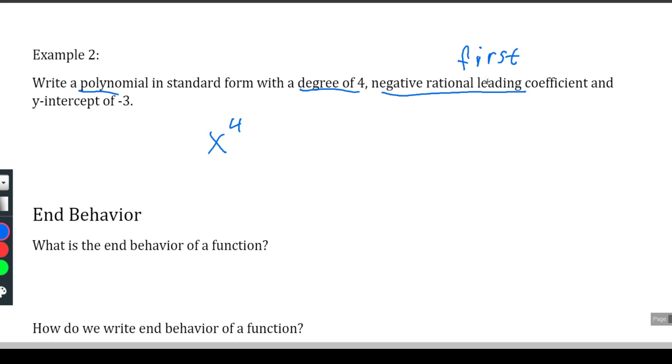We need a negative leading coefficient, so let's just say minus 2. And we need a y-intercept of minus 3, so our last term is going to be minus 3, because the y-intercept is where x equals 0, and when x equals 0, all of our other terms go to 0 except for our last term, because there's no x there. And we need 2 more terms, so let's just say x squared plus x. It does not matter what those coefficients are, you can put whatever you want there.